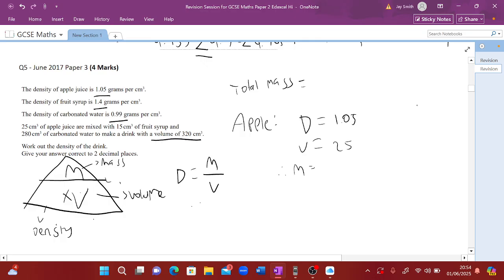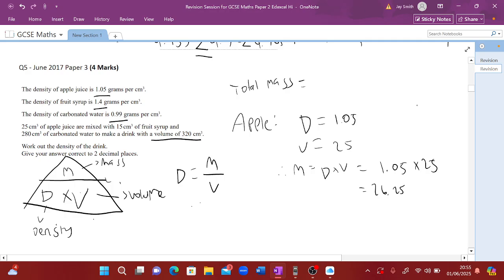Therefore, the mass, if you cover the mass up now, is just density times volume. So it's going to be D times V, which is 1.05 times 25, and that will be 26.25.